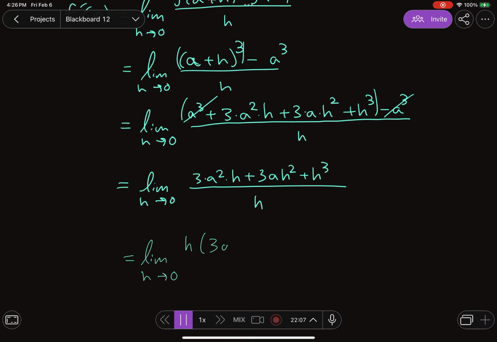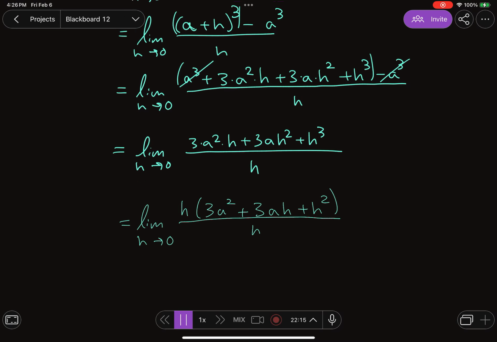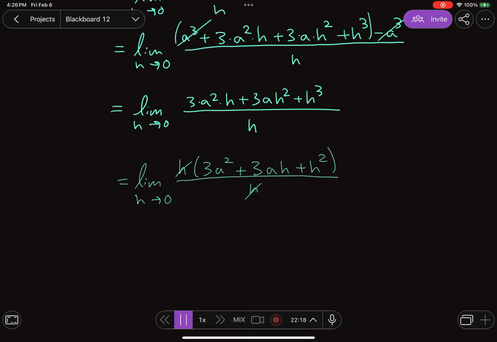H times 3a squared plus 3ah plus h squared, all divided by h. H's cancel. H approaches 0, and we have this final limit as 3 times a squared.